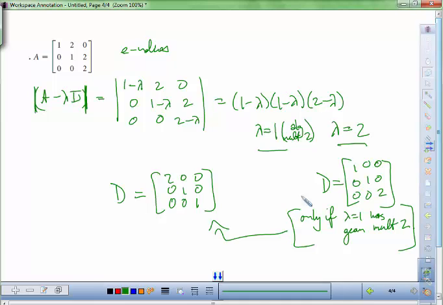So to answer your question, does the order of the eigenvalues matter? No, it doesn't matter to find our diagonal matrix, but it will matter when it comes to finding P, the invertible matrix that switches between them, which we should find to show this actually works.